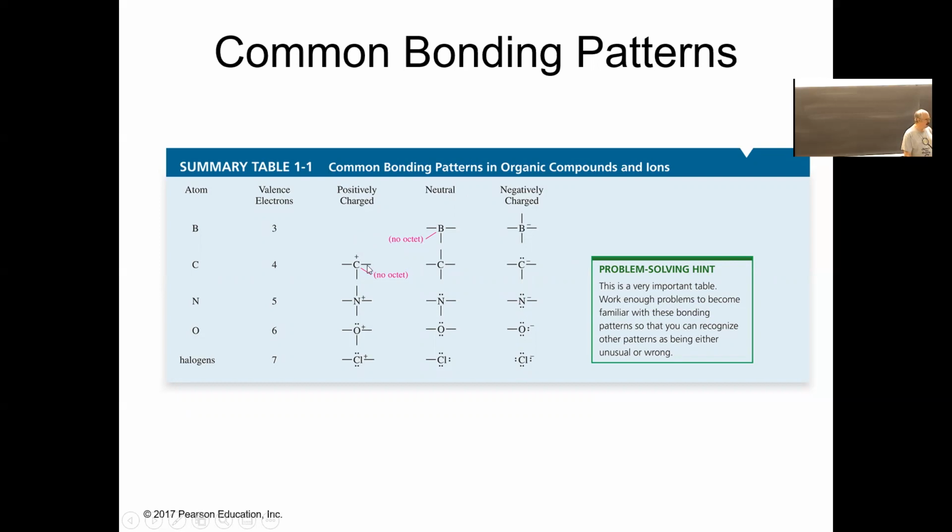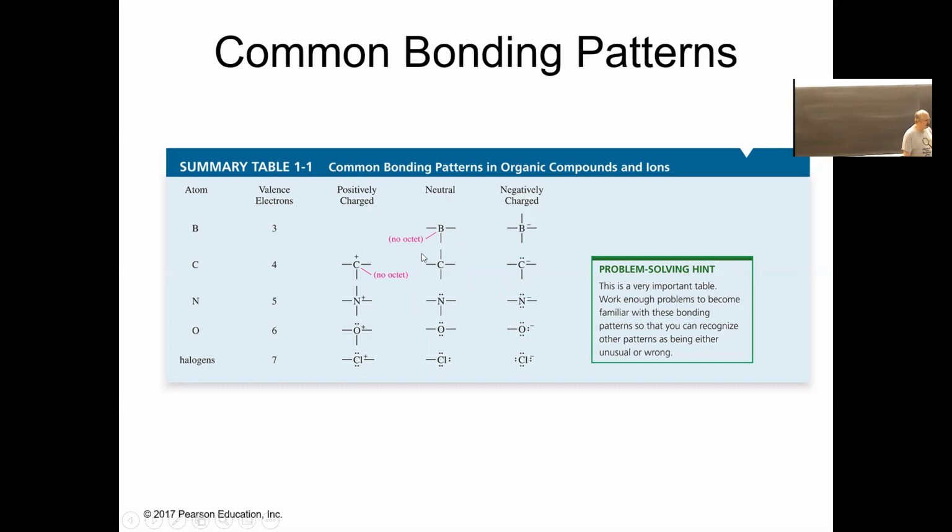Positively charged carbon, you can see, looks very similar to a neutral boron: 3 bonds, 6 valence electrons, but no octet. A positively charged nitrogen, think about the ammonium ion, NH4+, has 4 bonds, so it resembles the carbon that's diagonal to it, and carbon resembles the boron with a negative charge, which is diagonal to it.